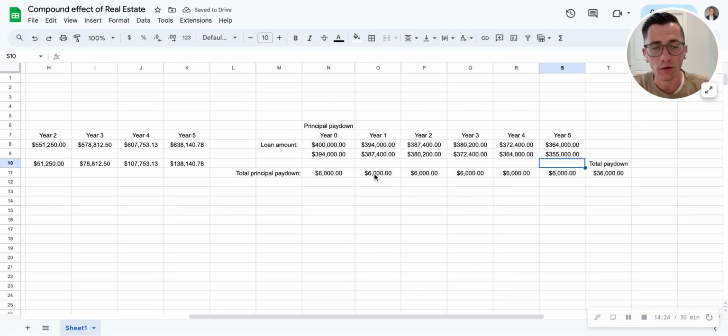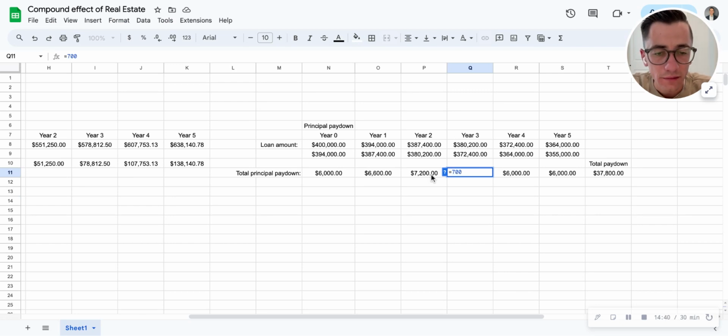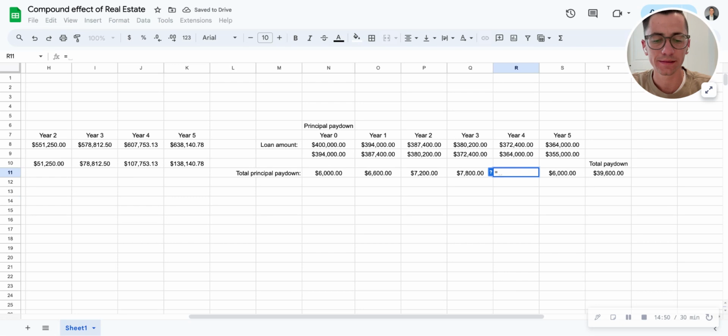Okay, so now your total pay down is different, right? So now it's whatever we said, 550 times by 12, and 600 times by 12, and 650 times by 12, and 700 times by 12, and finally we have 750 times by 12.